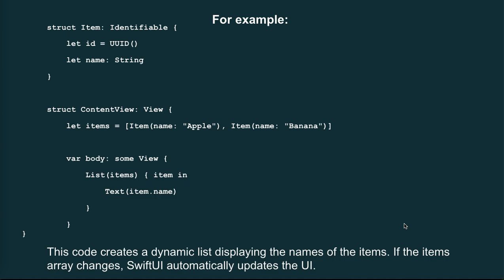For example, struct Item: Identifiable { let id = UUID(); let name: String }, struct ContentView { let items = [Item(name: "Apple"), Item(name: "Banana")]; var body: some View { List(items) { item in Text(item.name) } } }. So friends, this code creates a dynamic list displaying the names of the items.